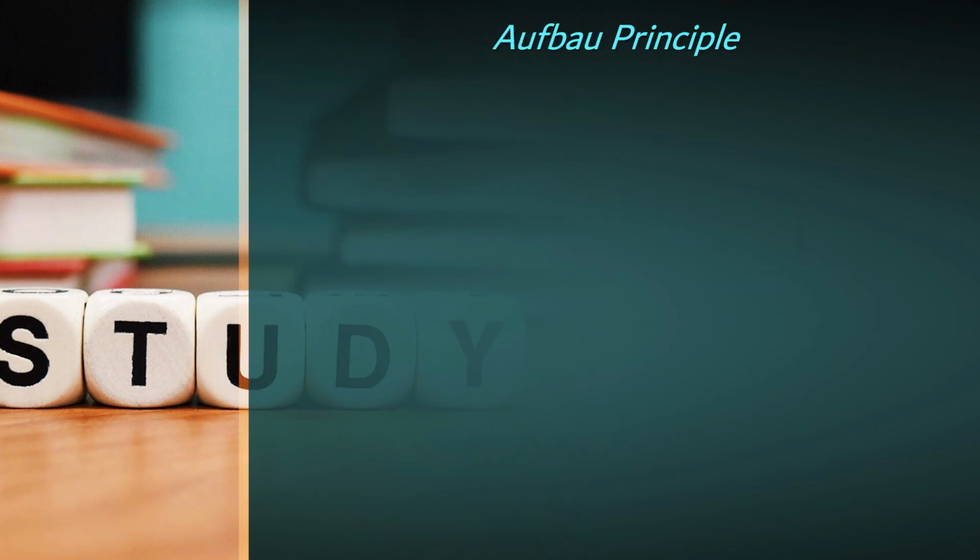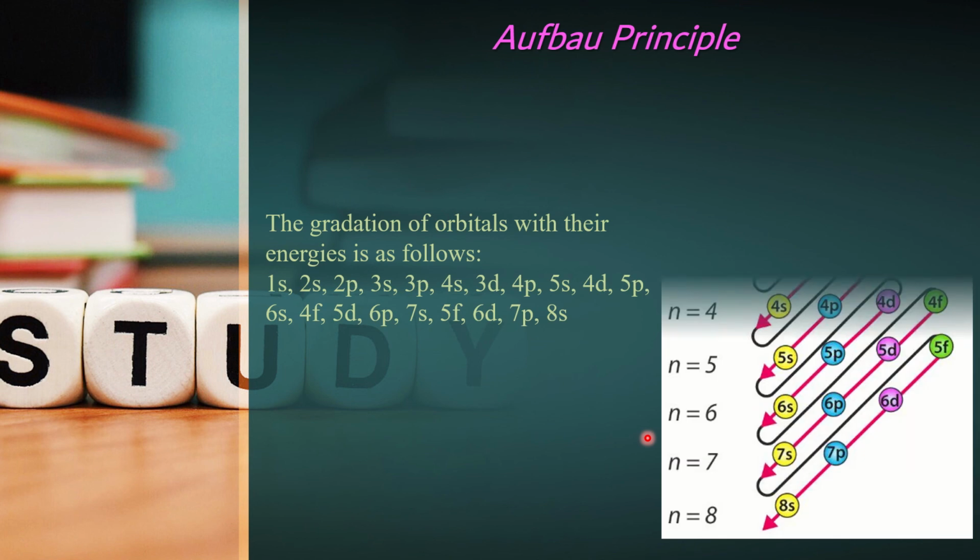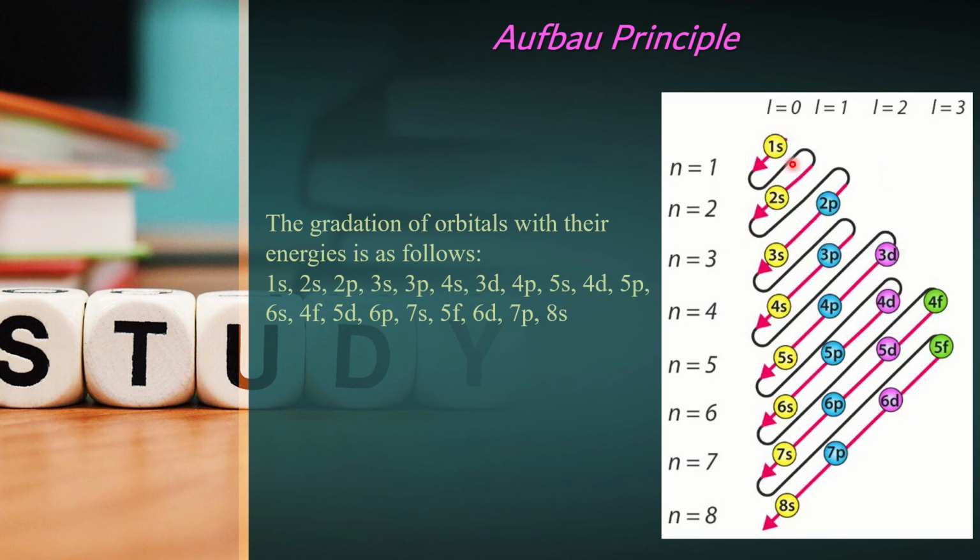The energy of different orbitals can also be calculated in another way. If you arrange the orbitals in this way and cut them diagonally, then you will get an energy order.